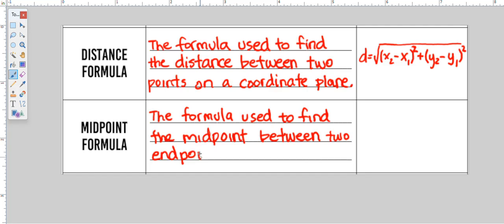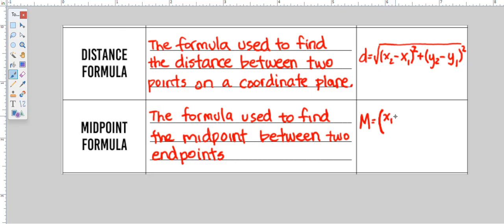Okay. And we are still thinking in terms of x and y. We're still thinking in terms of where they are on a coordinate plane. So midpoint, capital M here, and this is all in parentheses because this is a coordinate that we are finding. We are finding a specific x and a specific y.